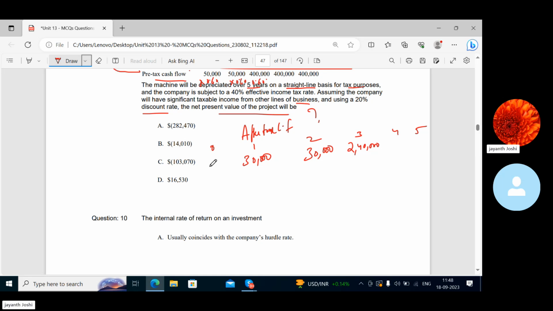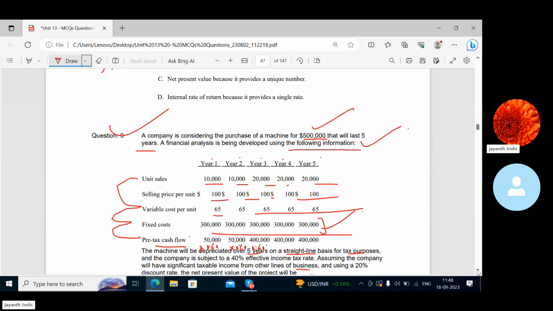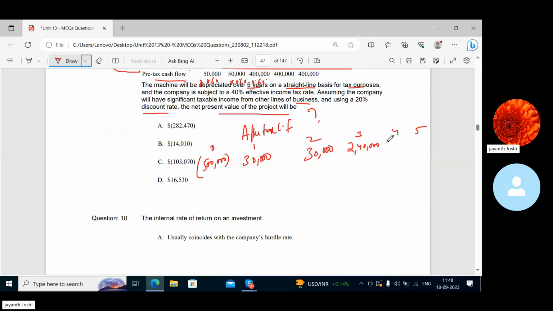They have given $500,000, 5 lakh. So again I have to take 240 and 240. Then we can go for tax allowable depreciation cash savings.